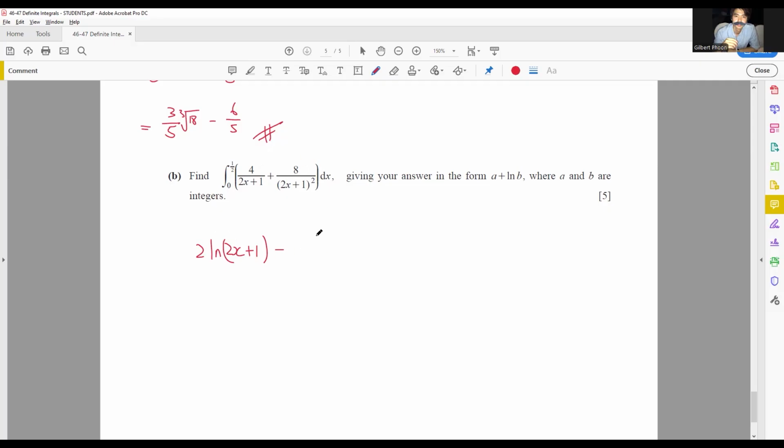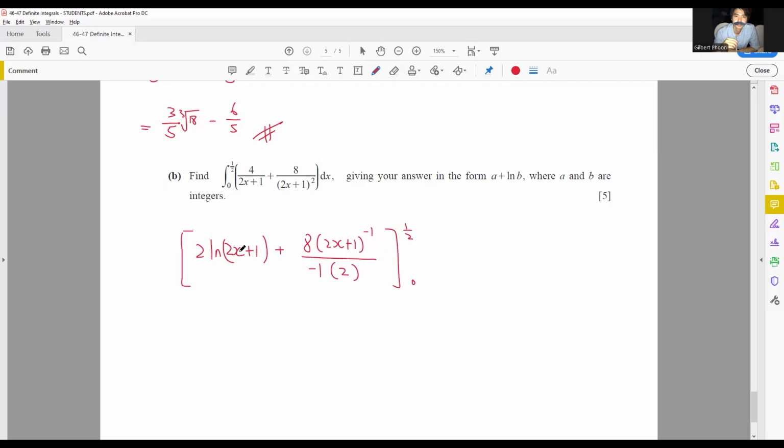minus the integration of this, sorry, plus 8, 2x plus 1 was negative 2, plus 1 gives you negative 1. So over negative 1 times 2, like so. Okay, then this, you must put it in between 1 over 2 and 0.